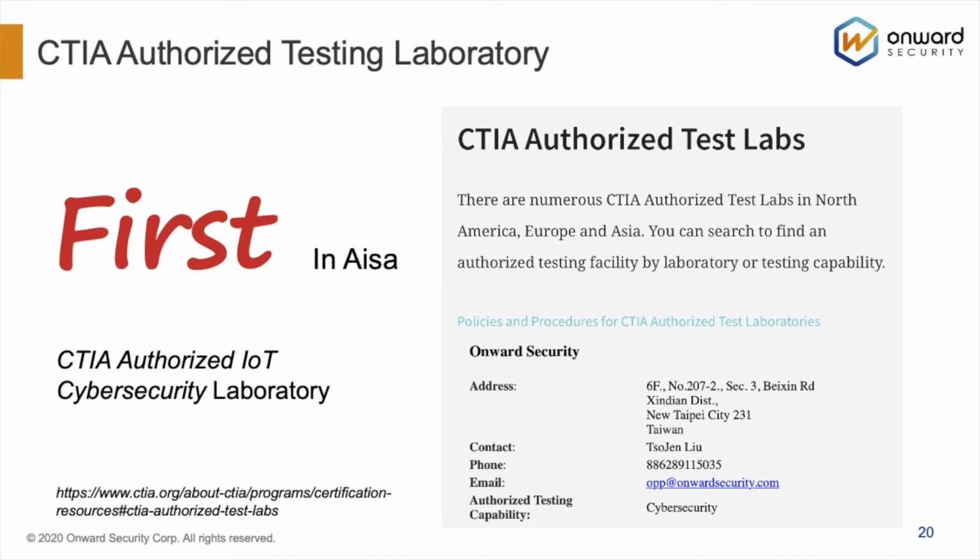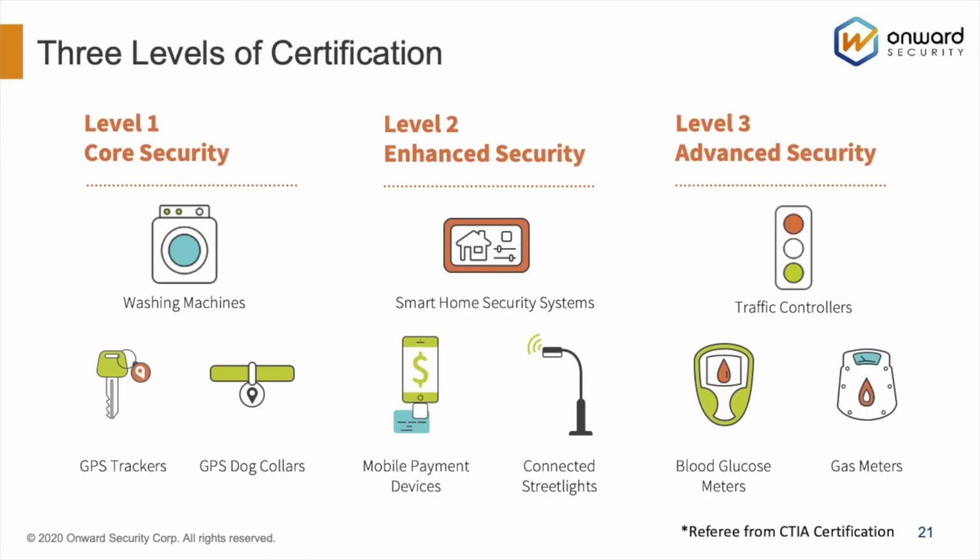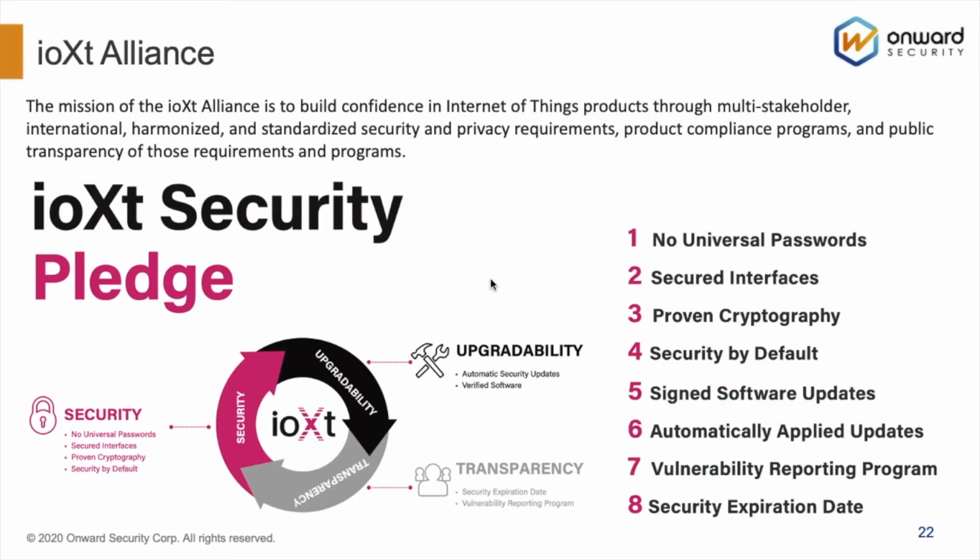So we are a CTIA authorized IoT cybersecurity laboratory, so we can perform the security testing for CTIA IoT cybersecurity. Okay, there are three different levels of security, so you can choose which level you want to get certification for.